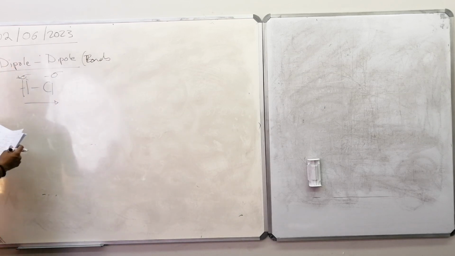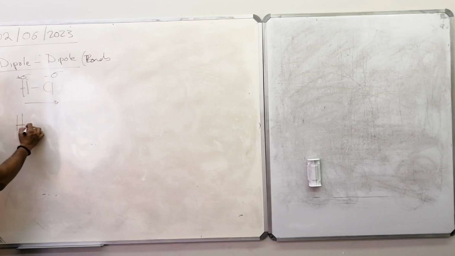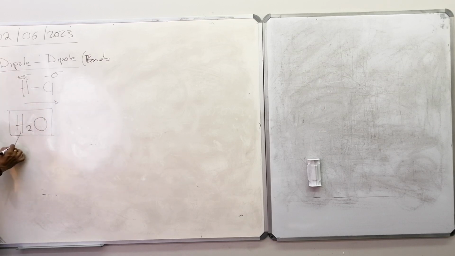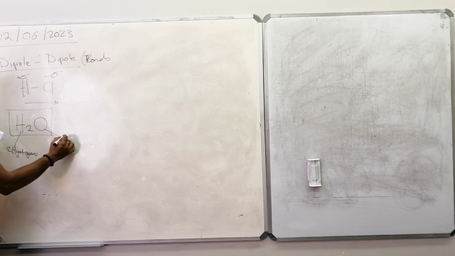We're still on page 9. Let's look at the first one here. We know the compound, it looks normal here. H2O. When you read this compound, it's telling you there are 2 hydrogens and 1 oxygen.